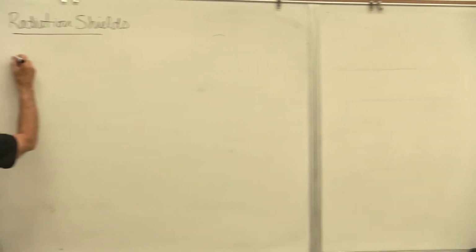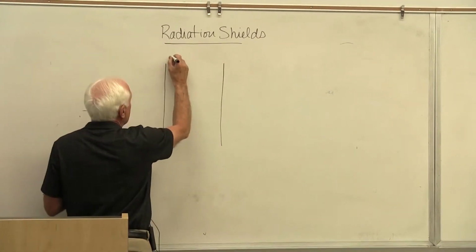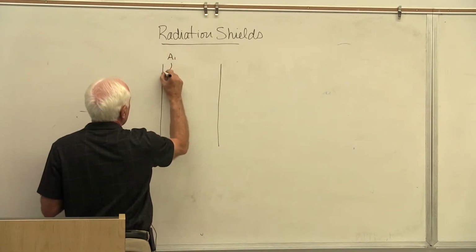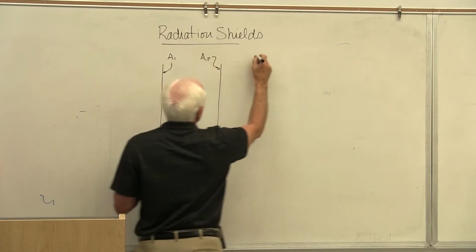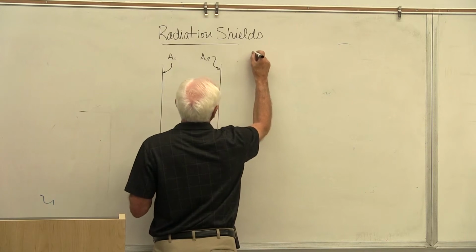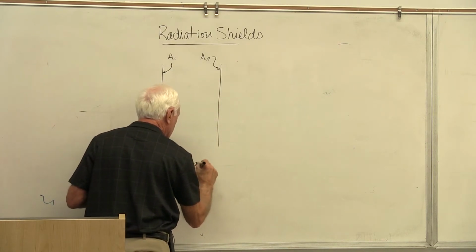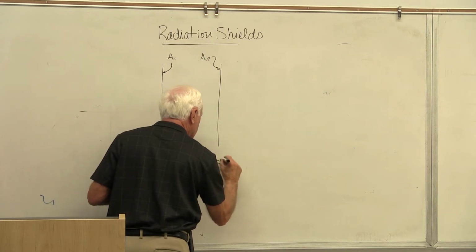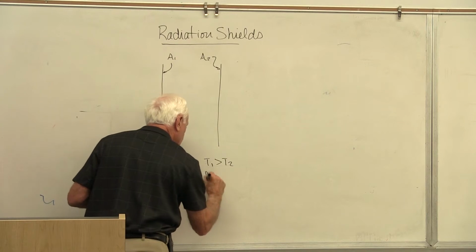Okay, the problem is we have 2 surfaces facing each other. This is area A1 facing area A2. And we'll assume that T1 is greater than T2, and we'll assume large surfaces.